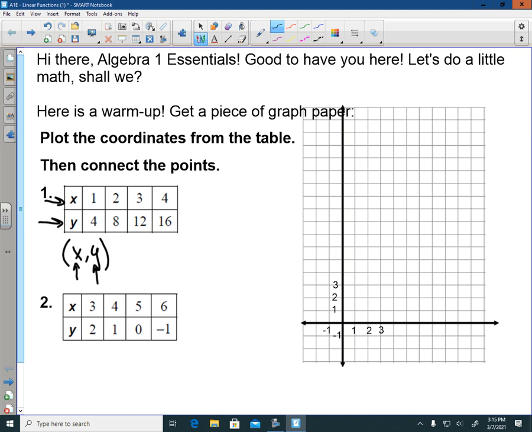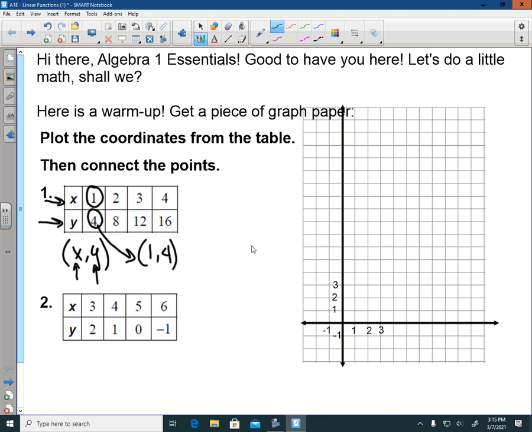So when you're plotting coordinates from a table, you've got an x value, and that's how far you go left and right, and then an associated y value, and that's how much you go up and down. And this could also be written like this. It's just in a table instead.